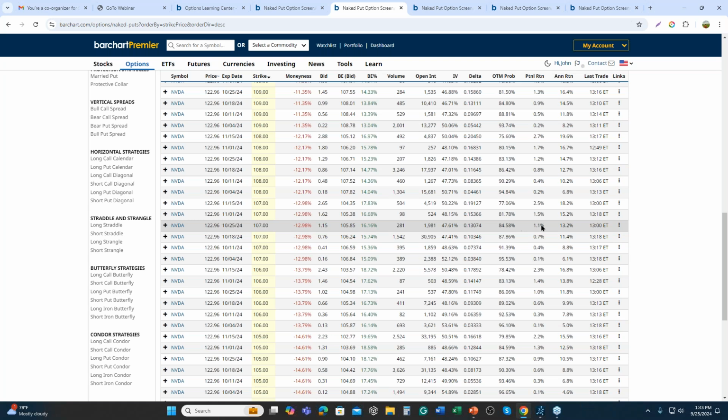But again, look here, we can see that October 25th weekly expiration around 107, which was right at the bottom edge of where we think there was good support. Notice our break even is 105, it's kind of in the middle of that range. Current price has to fall 16% for us to probably have to exit that trade. But I could get 1.1% over the next, I think, around 30 days.